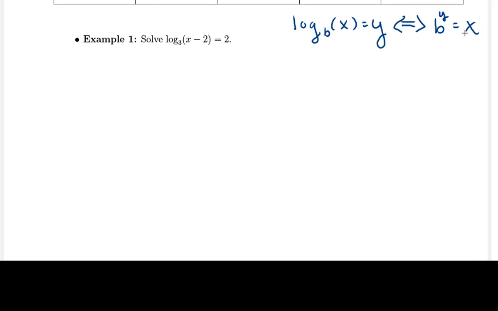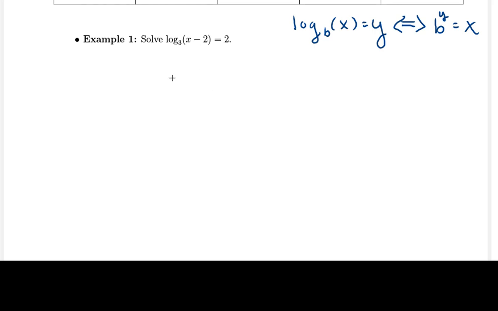So that right there is actually going to be our ticket to solving something like this. We need to get x by itself, and right now x is trapped inside of the logarithm. So how do you untrap it? Well, by writing an exponential form, that x will no longer be trapped in the logarithm.